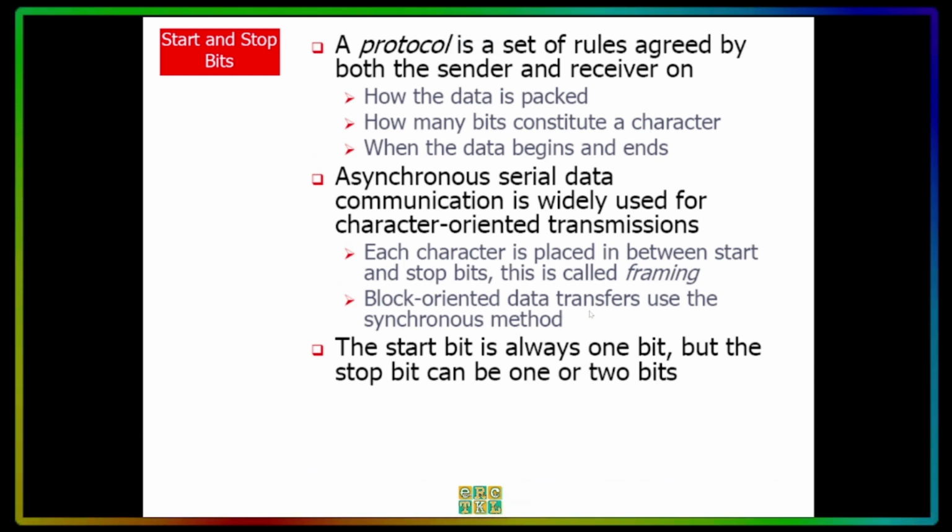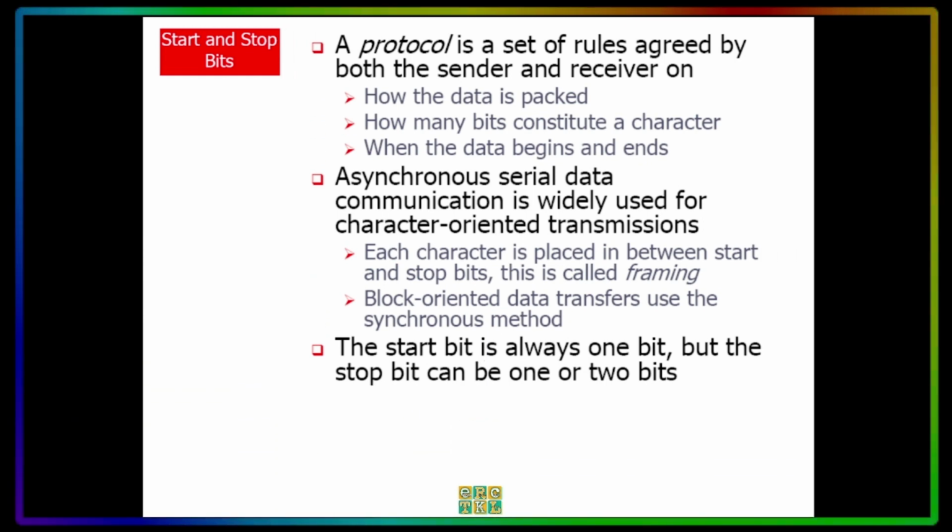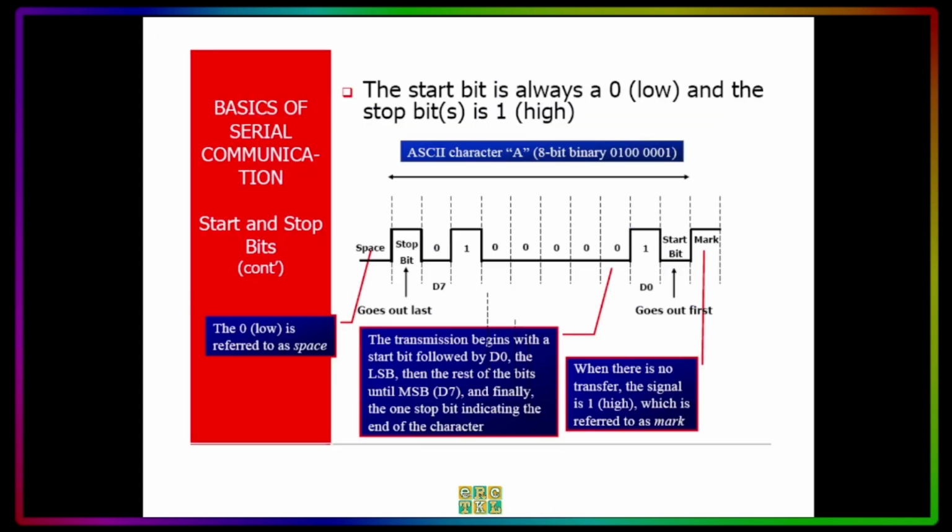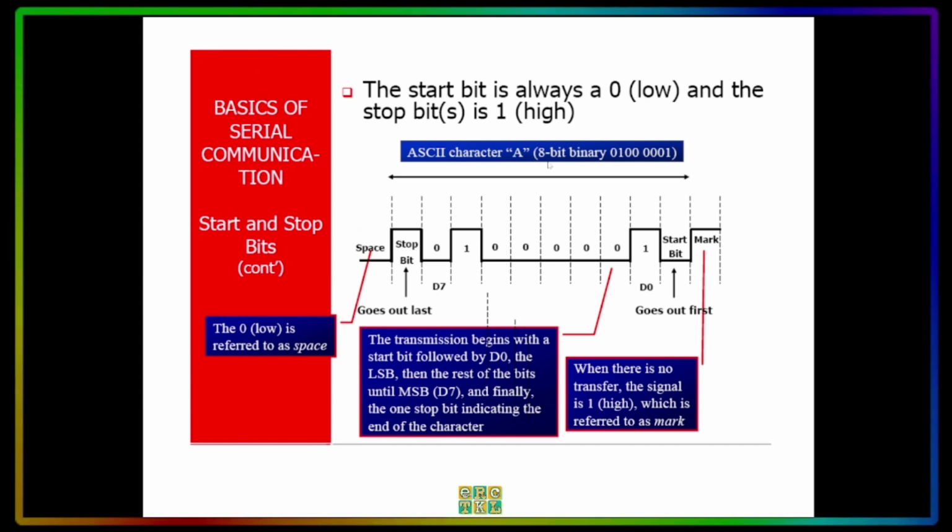Block-oriented data transfers use the synchronous method. Now, the start bit is always 1 bit, but the stop bit can be 1 bit or it can also be 2 bits. In this diagram, you will see the ASCII character A, which is 01000001 in binary, being transmitted.